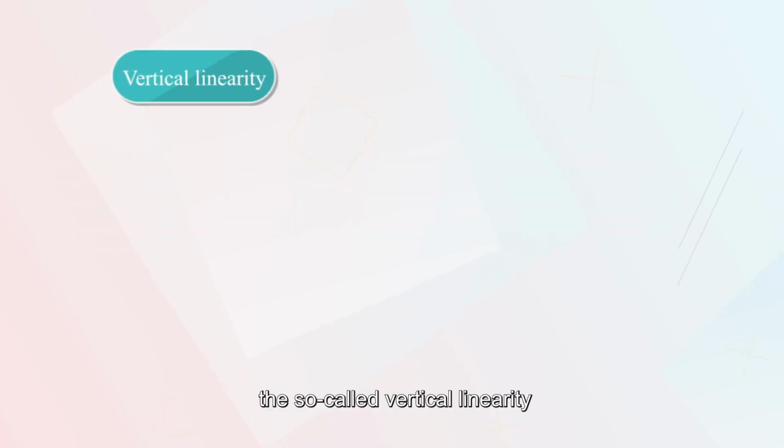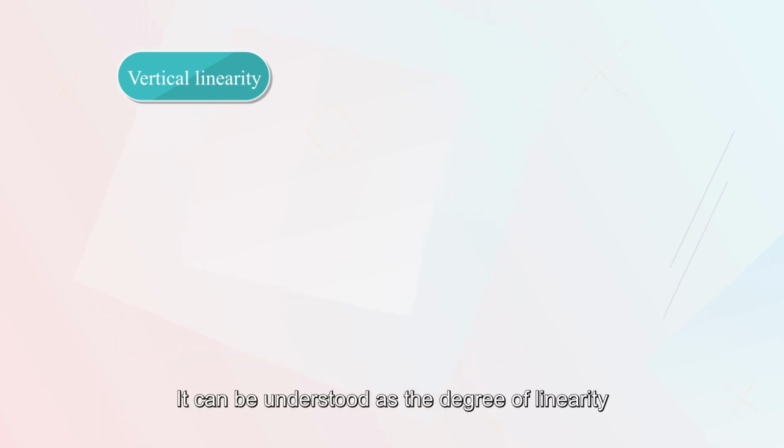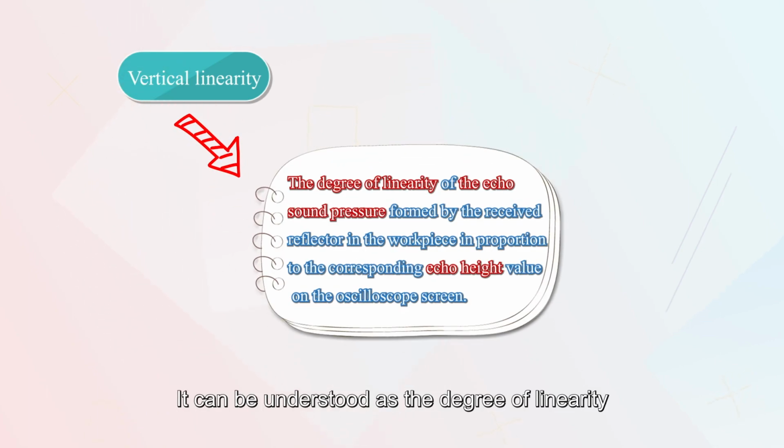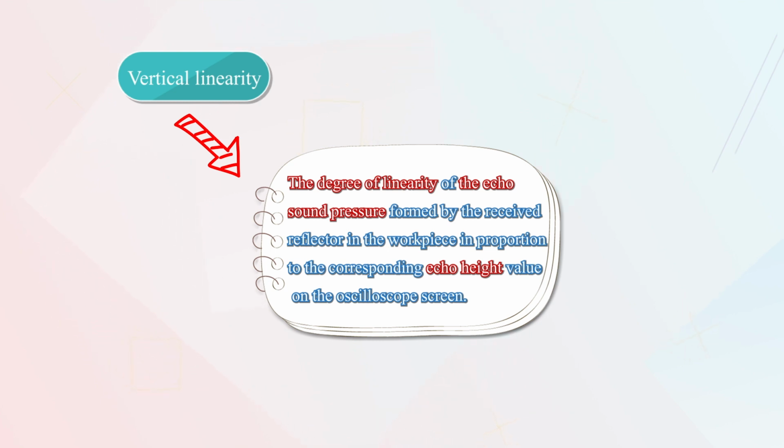The so-called vertical linearity can be understood as the degree of linearity between the echo sound pressure formed by the reflector in the workpiece, received on the ultrasonic probe element, and the corresponding echo height value of the reflector on the oscilloscope screen.